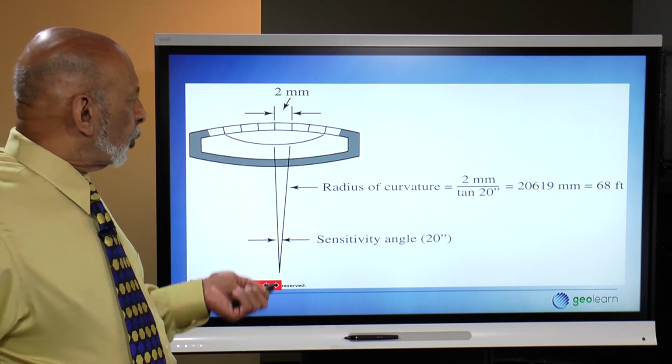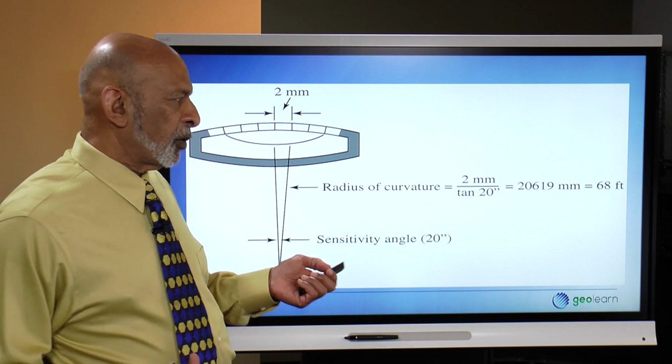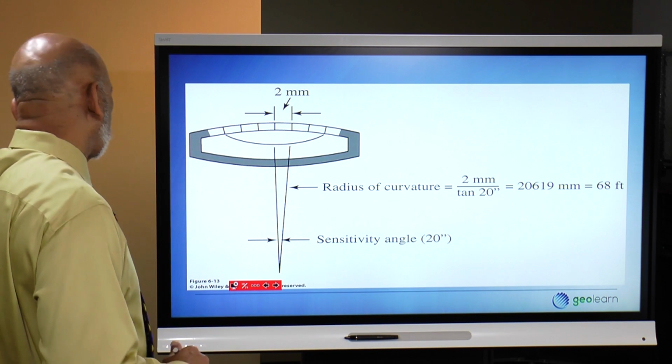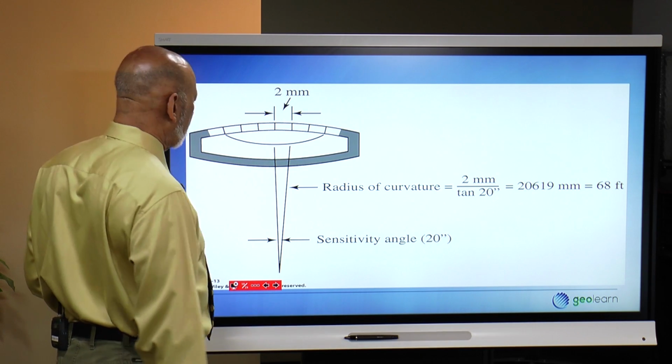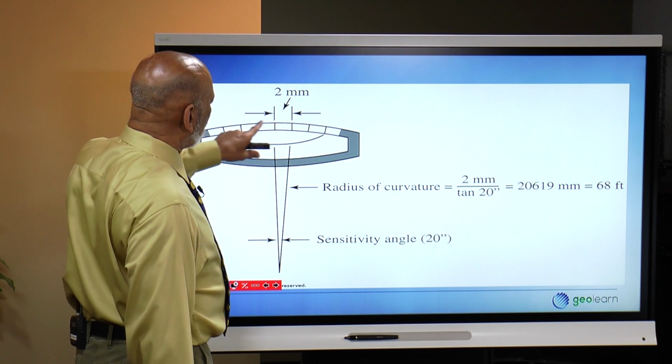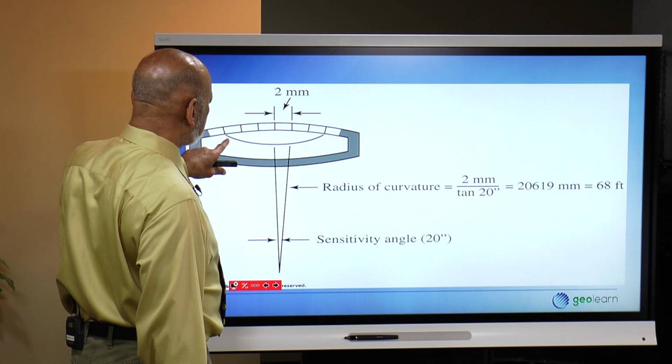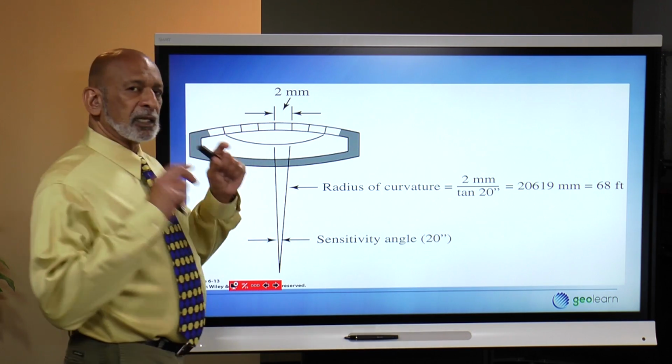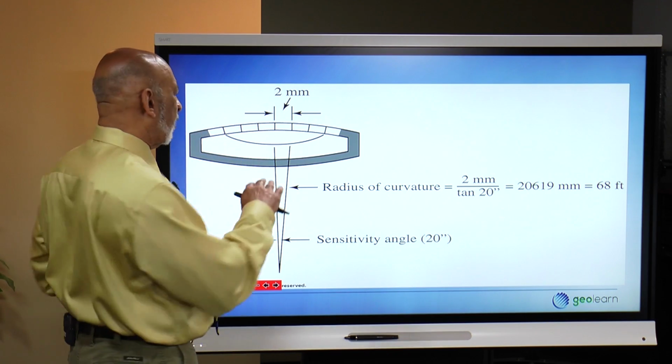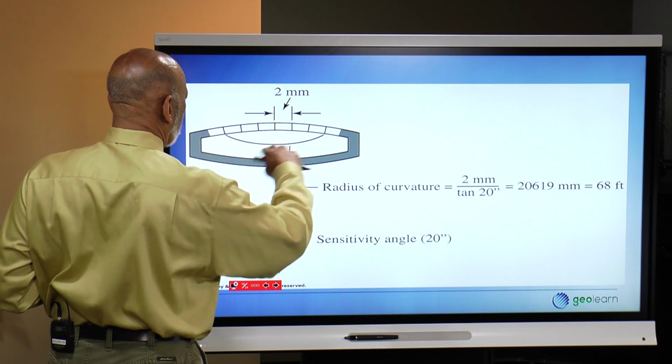Finally, I just want to throw this out. This is more for you to think about rather than to try to fully understand. Be aware that when you have bubbles, these are not cylinders. They actually have a curvature to them.